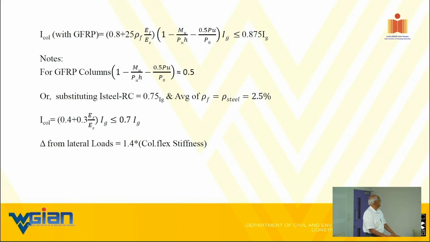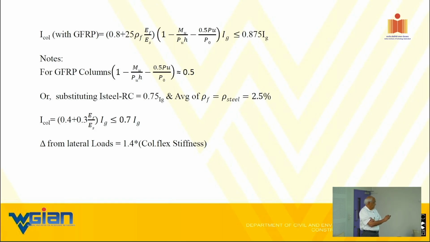So you can see I column with the GFRP. These are all, again, empirical values. There is some theoretical basis for arriving at it, but by and large, they reduced it to some kind of an empirical value. So all these are given.